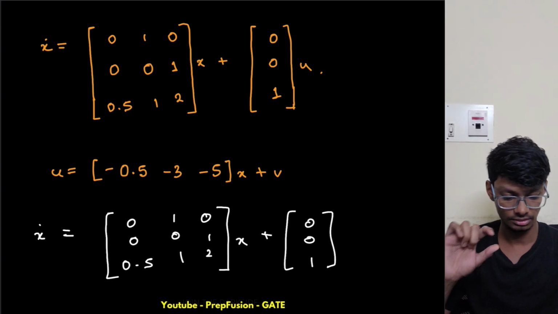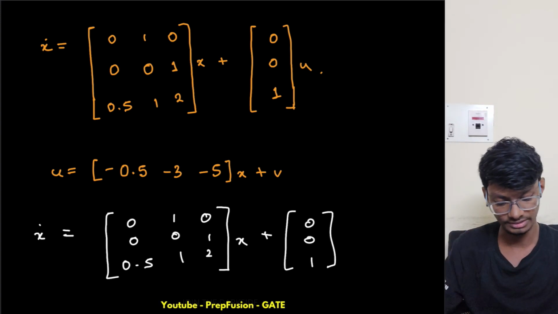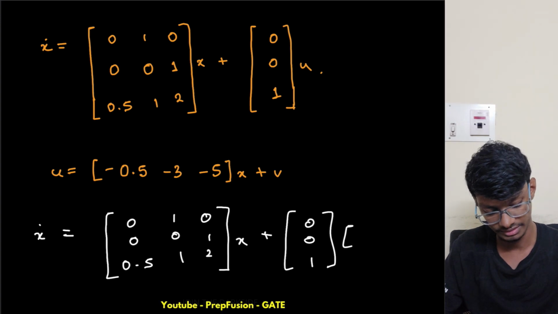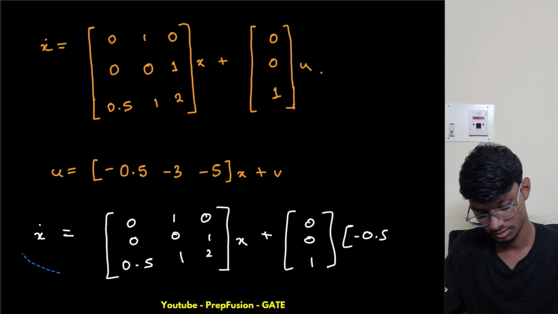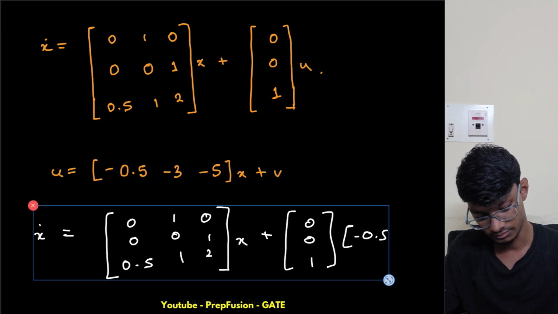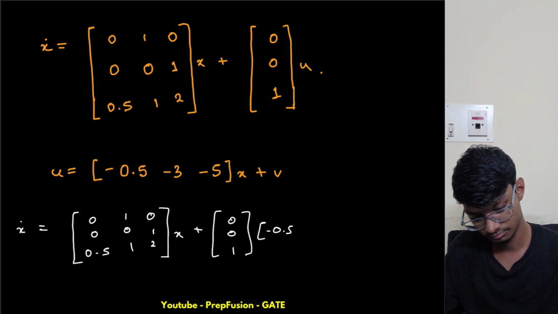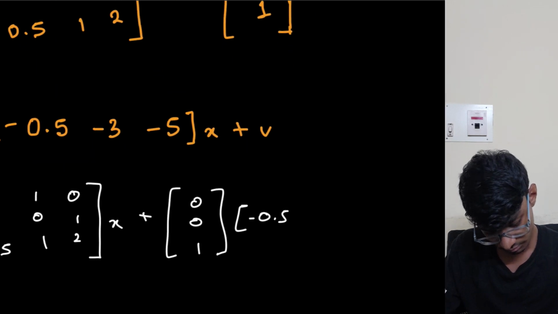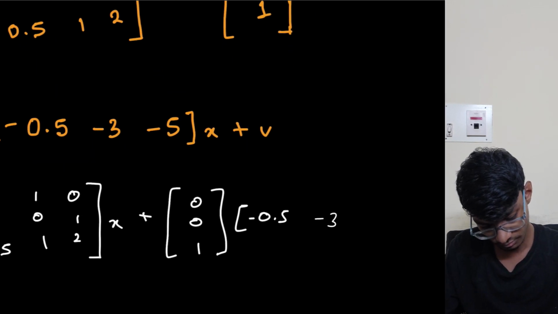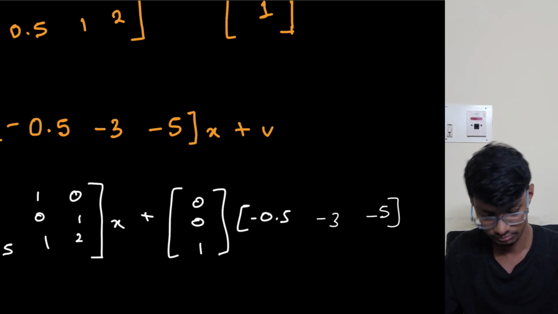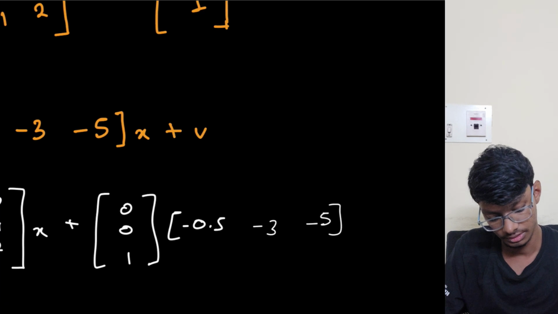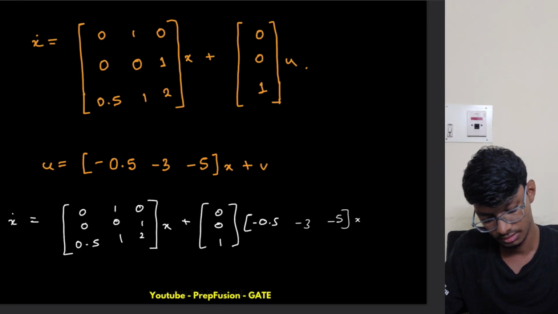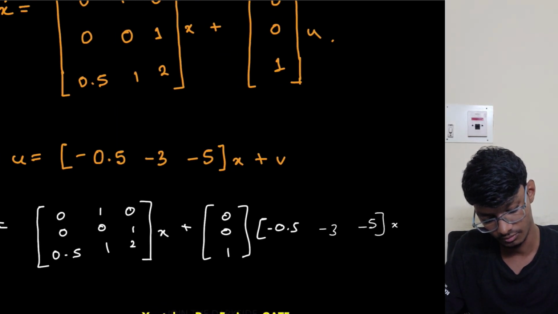This is a 3 cross 1 matrix, and this is a 1 cross 3 matrix, right? 0.05 minus... I don't have enough space, I have to reduce the size of this one. And this is x, and this is plus v, we have plus v also.